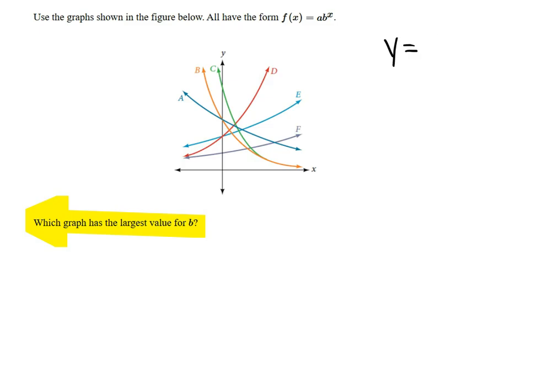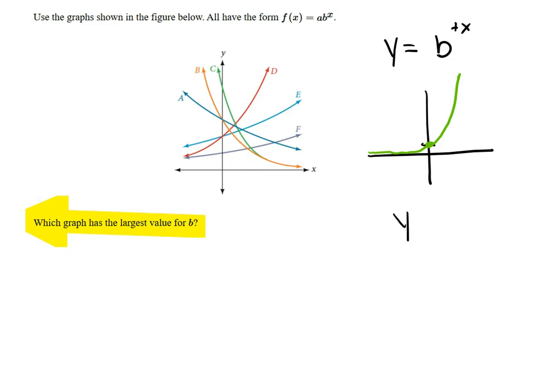If you have y equals some base b to the positive x power, your graph is going to look something like this. It is going to run along the x-axis, then it's going to curve, cross the y-axis at 1, and then start to go uphill.